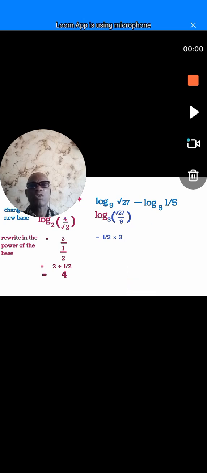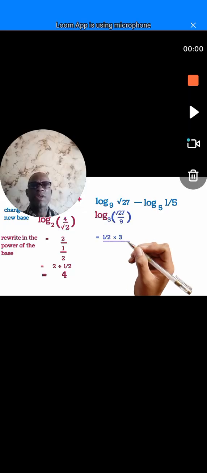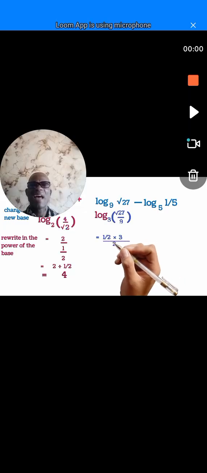So 1 over 2 times 3 over 2. And that is all. 1 over 2 times 3 will give you 3 over 2, and 3 over 2 divided by 2 will give you 3 over 4. And 3 over 4 is the solution to that expression.